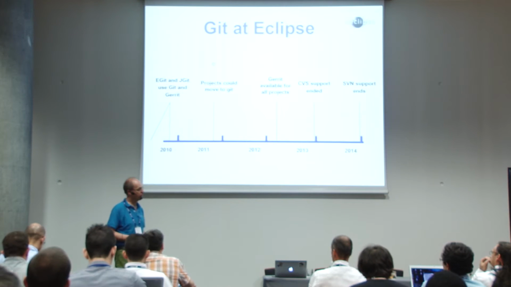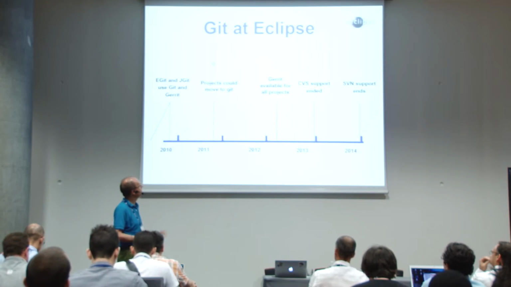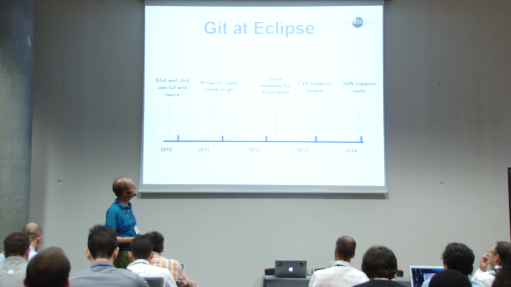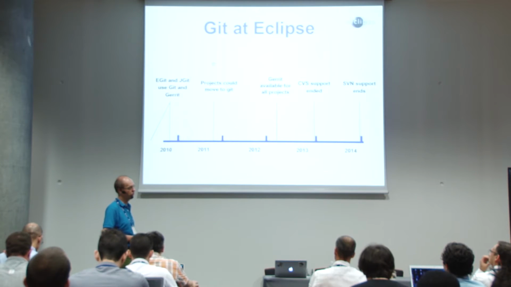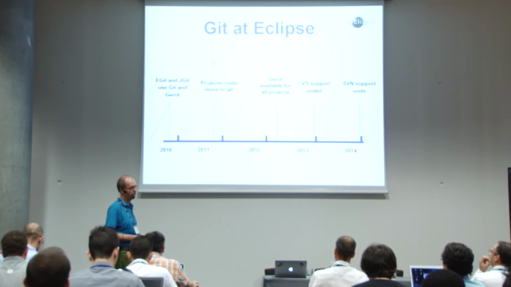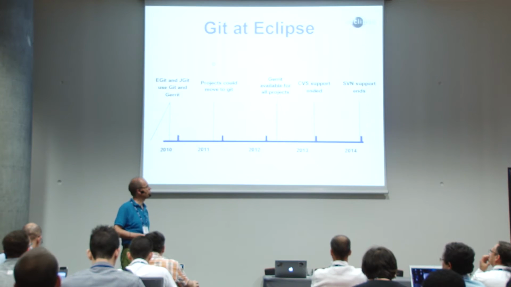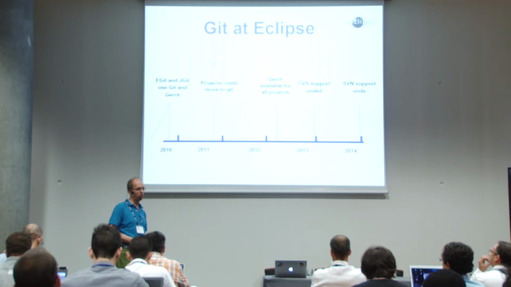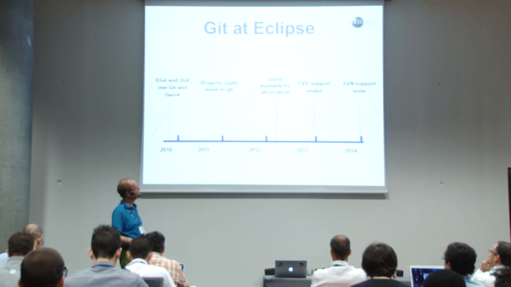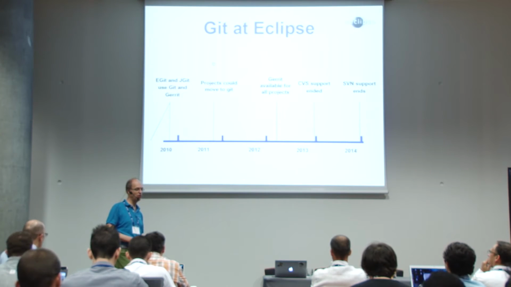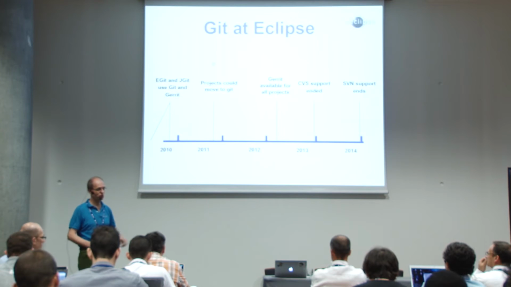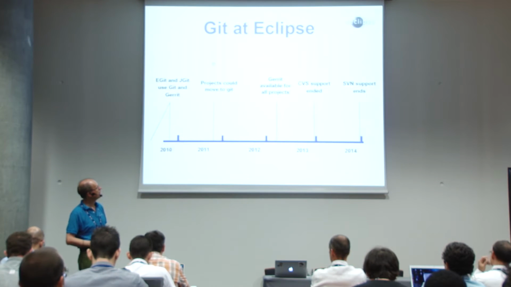And since 2011, all the Eclipse projects started moving to Git because a plan was set up to get rid of CVS and also Subversion. So end of 2013, CVS support ended. So the only project which is still in CVS is Orbit because it has a lot of binary content, which is not really the right content for Git because, I mean, if you clone the repository to every developer and it's a very large one, this would be a pain.